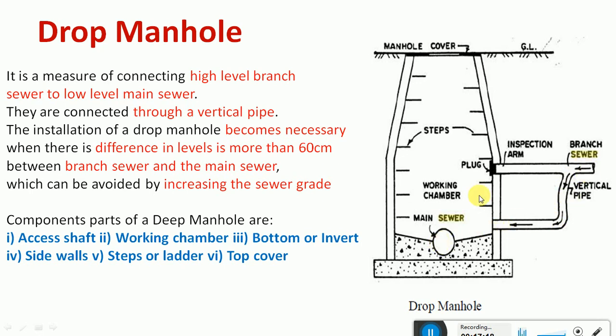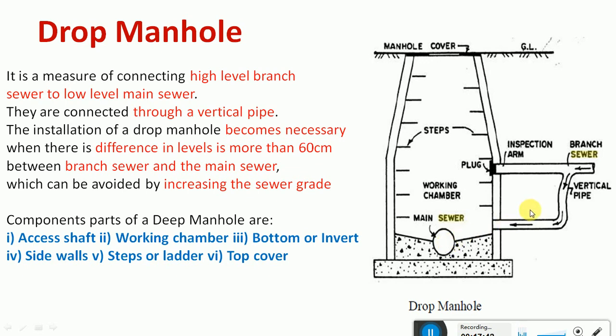If you directly connect, then there is a splashing of the sewer, and also if the person is entering, it becomes difficult for him to work under full capacity whenever the wastewater is present in the manhole. To avoid all those things, we provide a vertical drop here, so that this pipe can be used to connect to the main sewer.